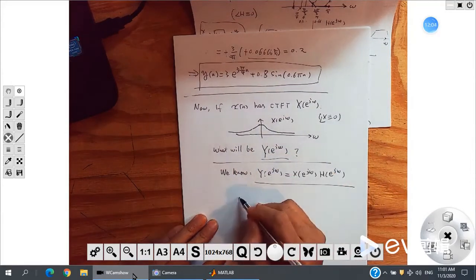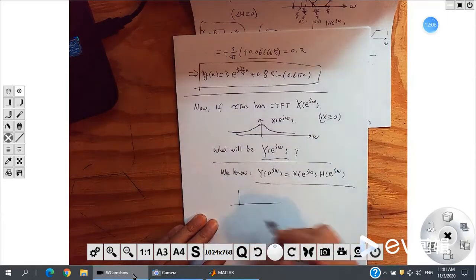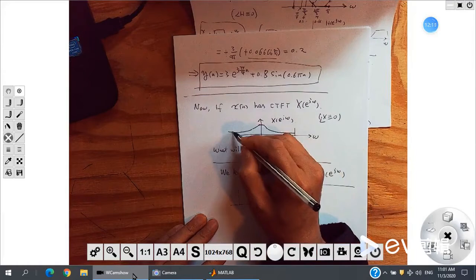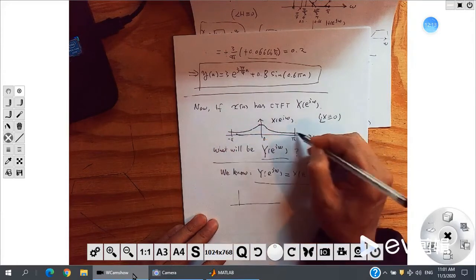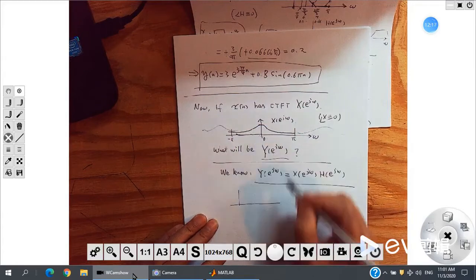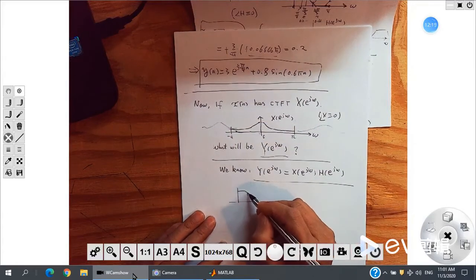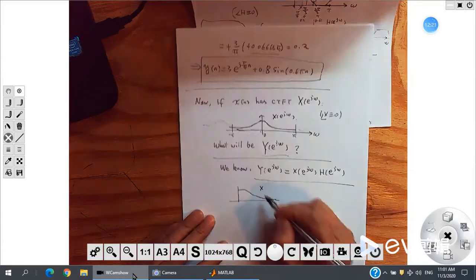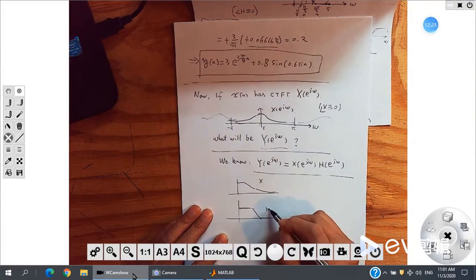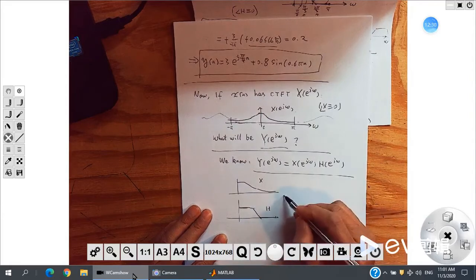Okay, I give the graph, 0 to pi for omega. This is for negative pi. It is periodic, so we just look at 0 to pi. So this is capital X, and this is H. Then we multiply them together.